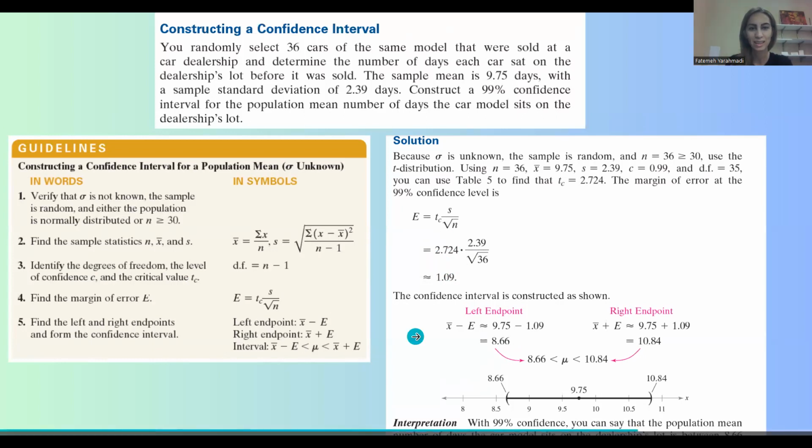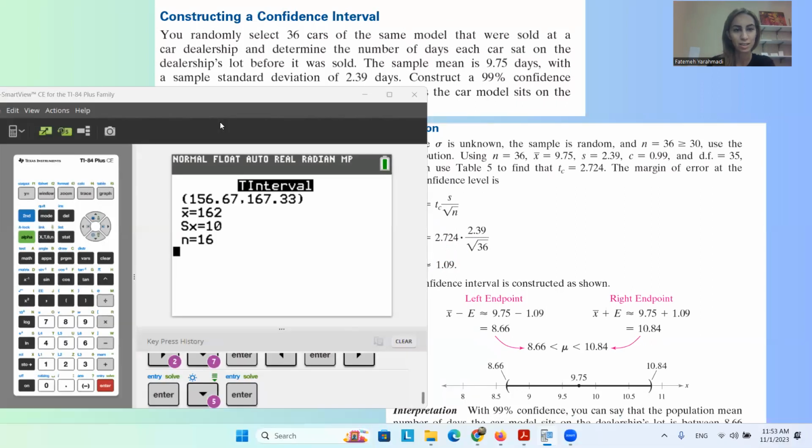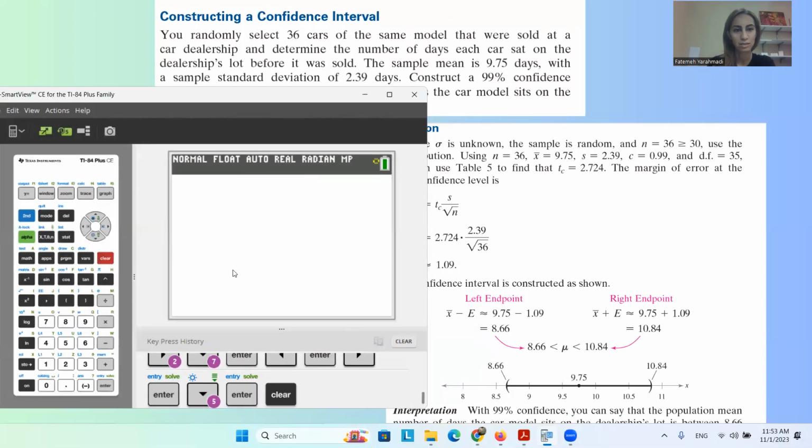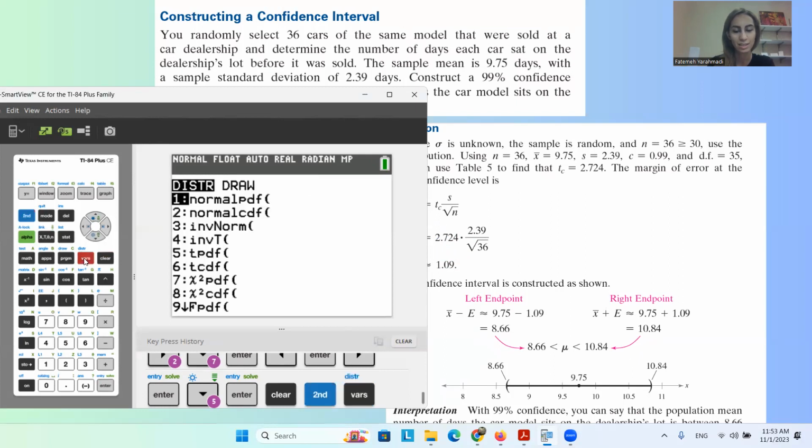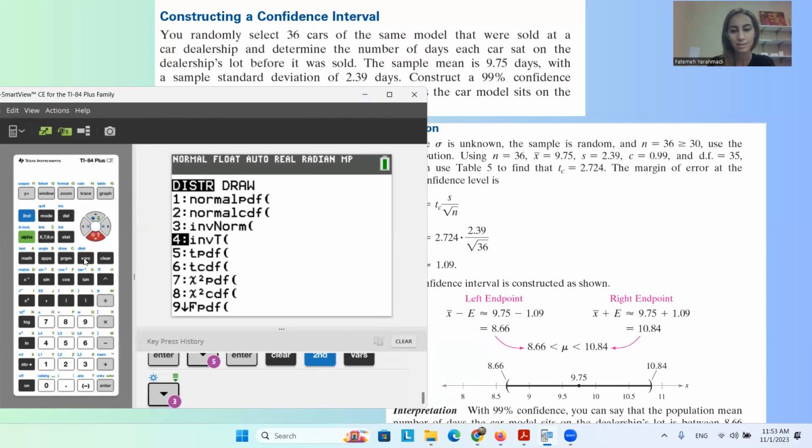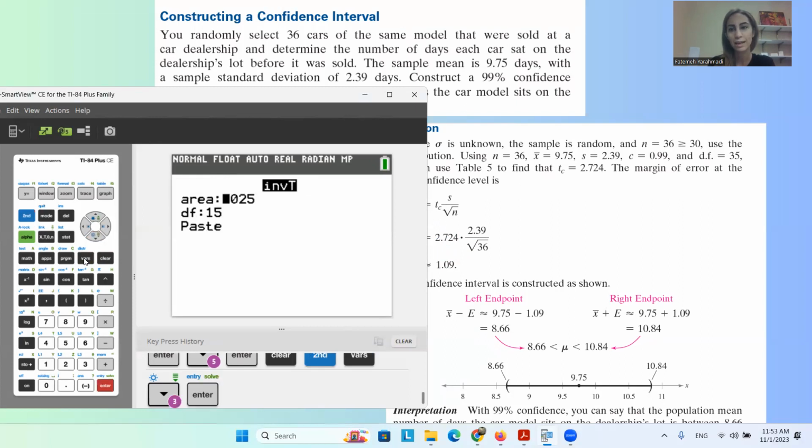Using our calculator and finding T sub C. Let me share the screen with you so you can see these side by side. Perfect. So to find T sub C, we're going to go to second, vars, and go to inverse T. What is the area? 1 minus 99% is 1%. 1% divided by 2 is 0.005.